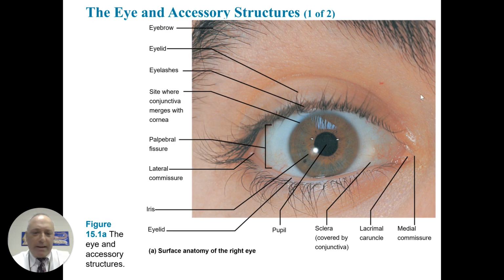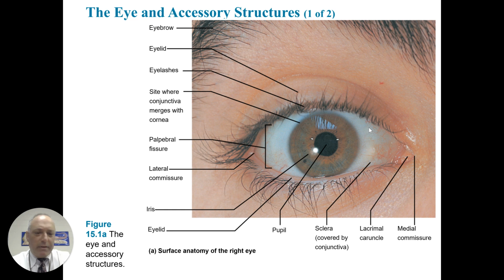So we've got the eye. The black part is called the pupil. The iris is around the pupil, and the sclera is the white around the iris. There's blood vessels that come in here called conjunctiva.